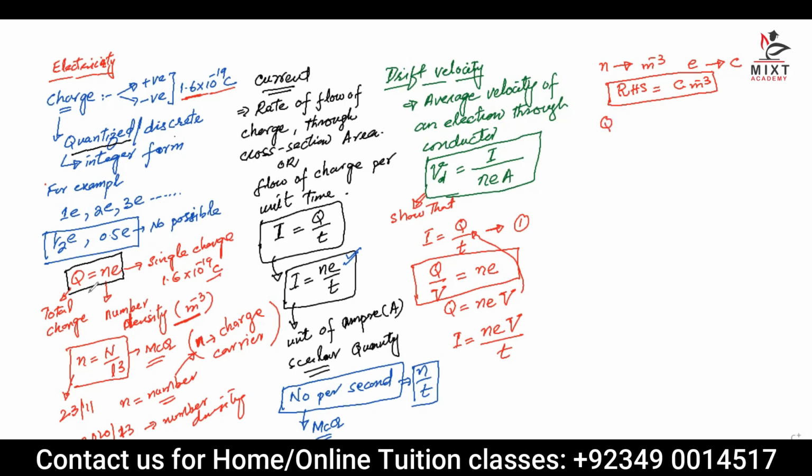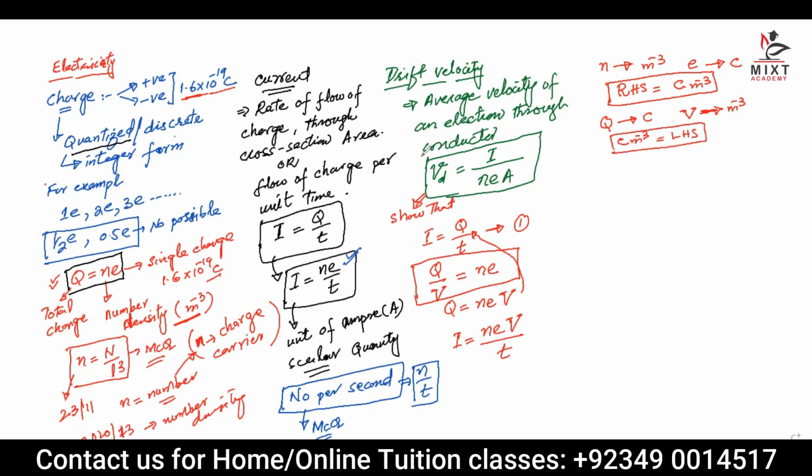Q is equal to Ne. What is the unit of Q? Coulomb. And you know that the equation is homogeneous when left hand side and right hand side units are the same. You have done that practice in chapter number 1. So you need per meter cube, so that's why you divide by volume. And the unit of volume is meter cube, so that's why we write coulomb per meter cube on the left hand side also. This is the one explanation.